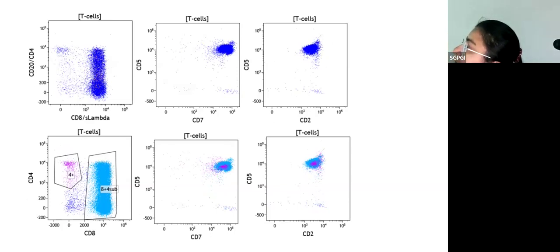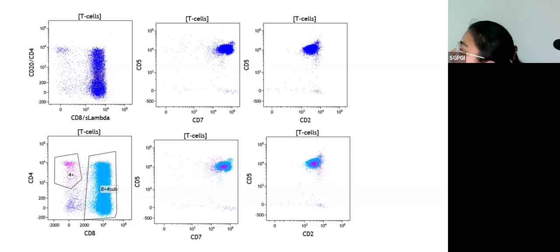They appear to be CD8 positive, but there is definitely a subpopulation that is co-expressing CD4, right? With respect to CD7 expression, usually in my sample, CD7 lands up here. Even in the last one, you saw that. But here, CD7 appears to be actually brighter. And CD2 is also expressed at a normal intensity.